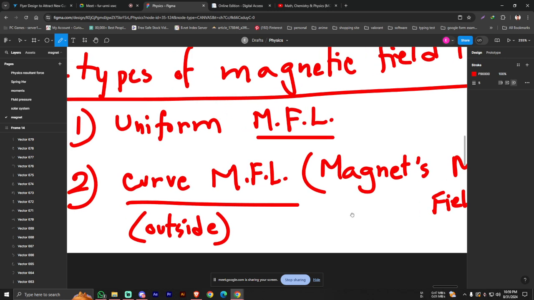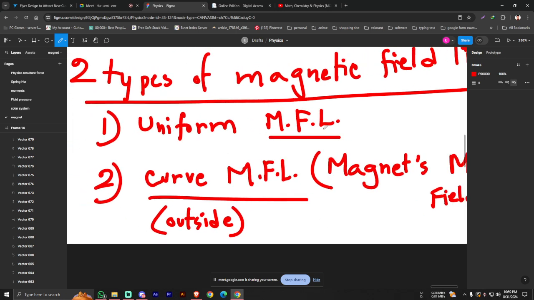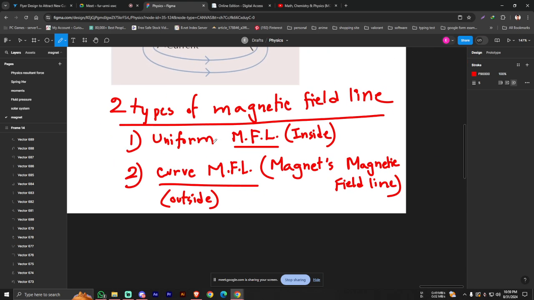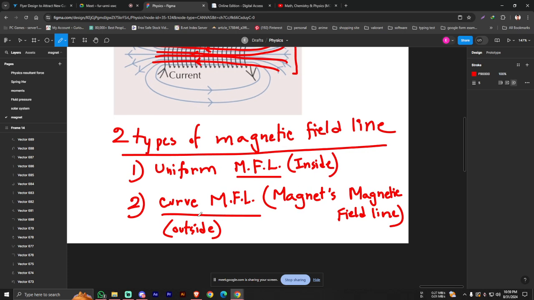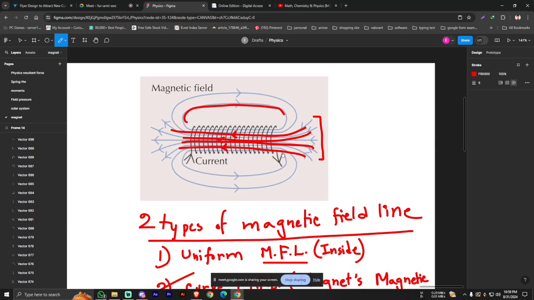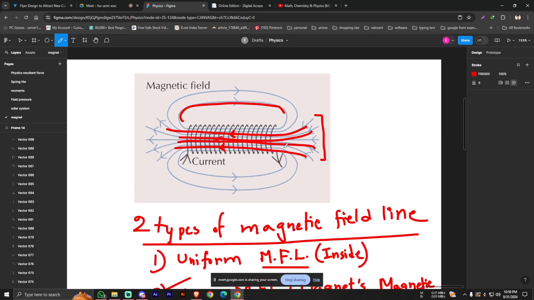And where is the location of uniform? Inside, right? So one is inside, one is outside, and this is being compared with the bar magnet's magnetic field line because it's the same, right? Okay, so that's what we got from here.